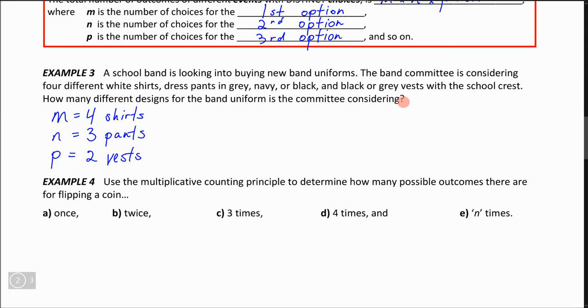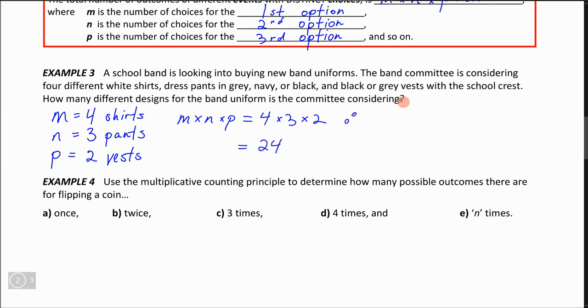So the multiplicative counting principle will tell us how many total choices or combinations of the band uniform we could be considering here. So if I take my values for M, N, and P and I multiply them, M times N times P, I will get 4 times 3 times 2, which is equal to 24.